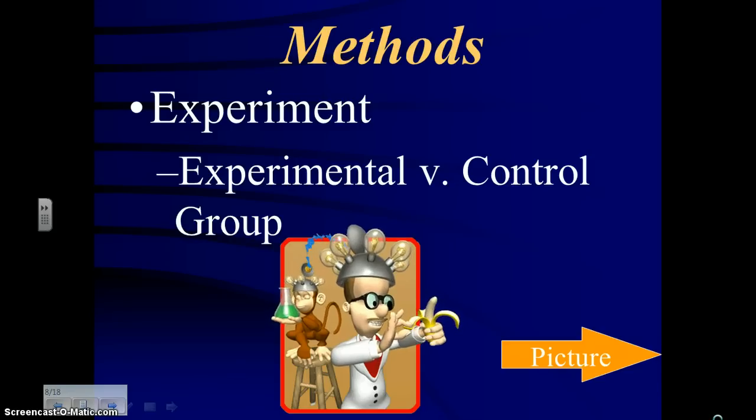And in many experiments, groups of people are selected based on certain characteristics, such as you want people of a certain age group, or a certain education, or a certain sex. Once you get that large number of people, that would be your sample, then the subjects are randomly assigned to one of two groups for the experiment. Those two groups we refer to as the experimental group and the control group.